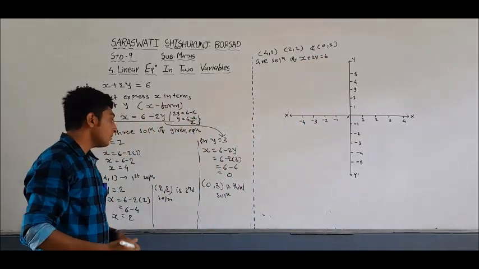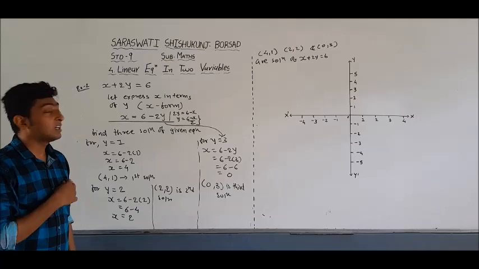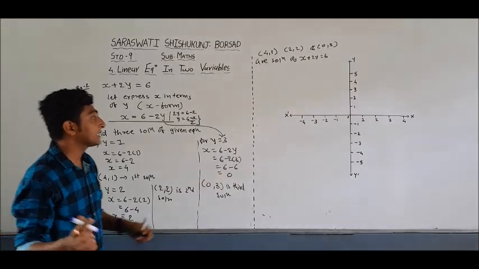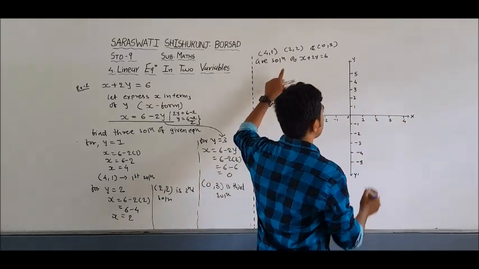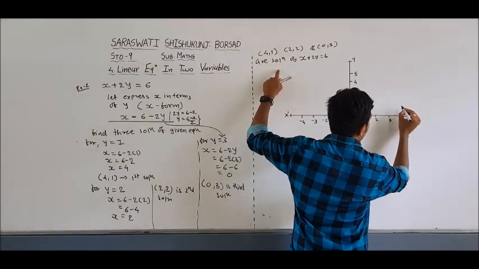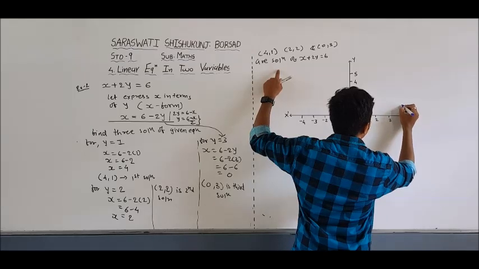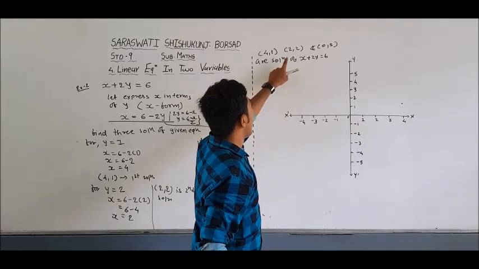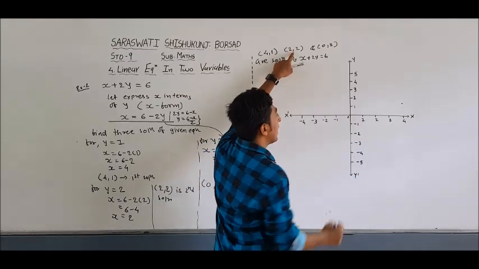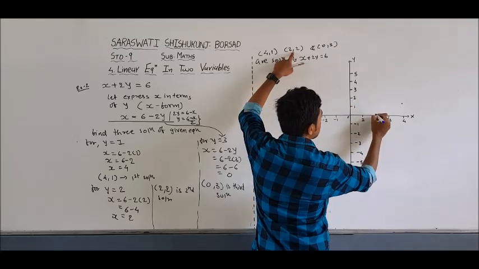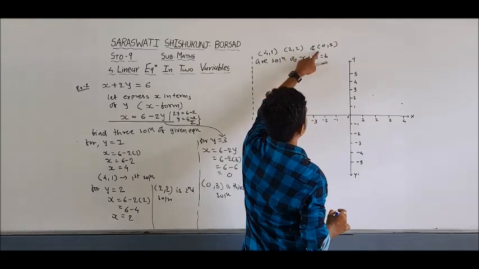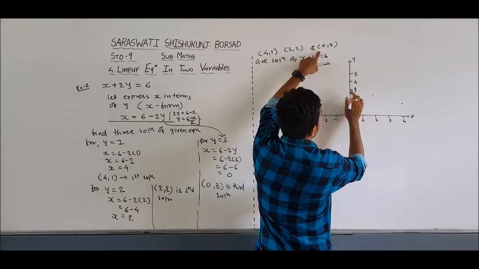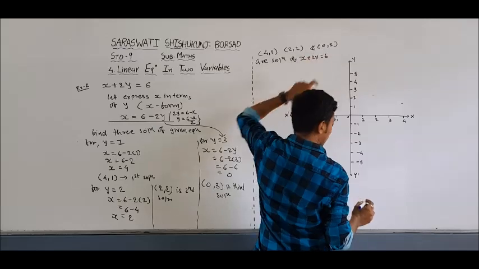Let us first mark the points. When x equal to 4, y is 1. When x equal to 2, y equal to 2, that is this one. And x equal to 0, y equal to 3, that is this one.